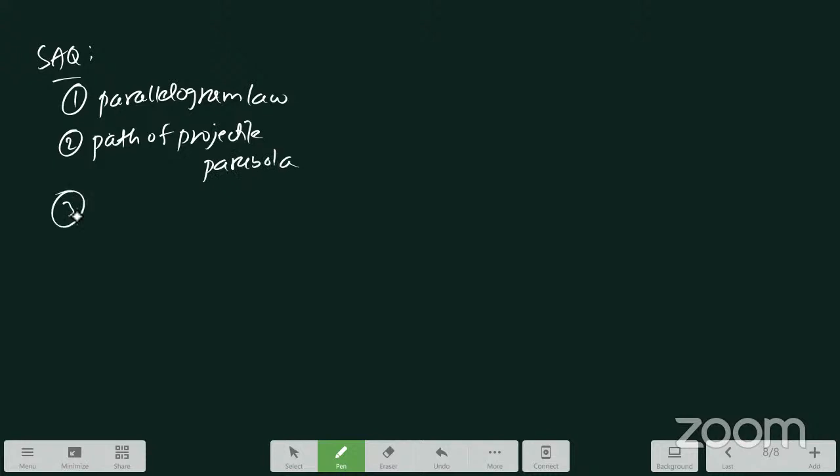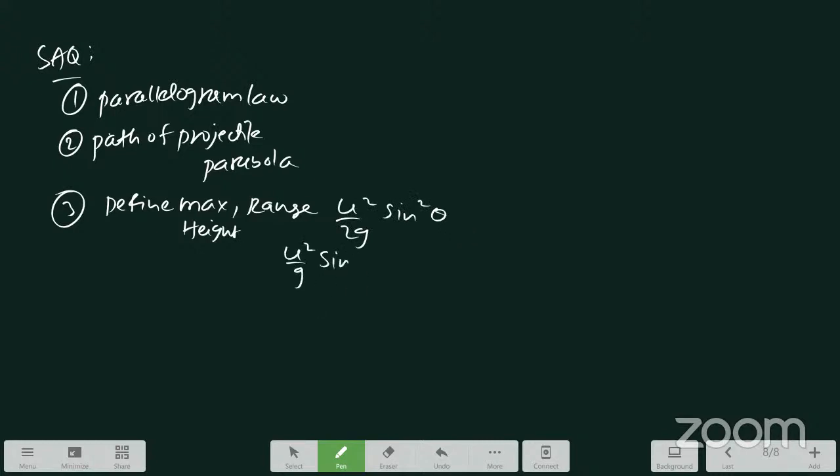Number 3: define maximum height and range with equations: u squared by 2g sin squared theta, and u squared by g sin 2 theta. This is the range, and this is the maximum height.